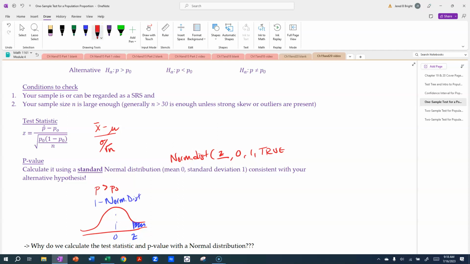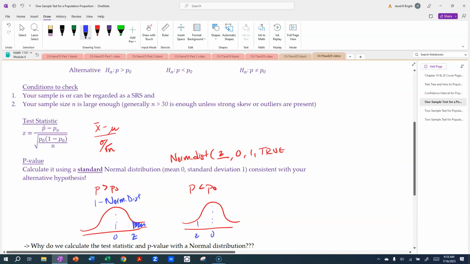And then similar for p less than p0, right? We'd have our z test statistic, so mean 0. Maybe our test statistic is over here. You can get a negative, but in this case, with less than, you're going under the test statistic and finding that. So that's just norm.dist.